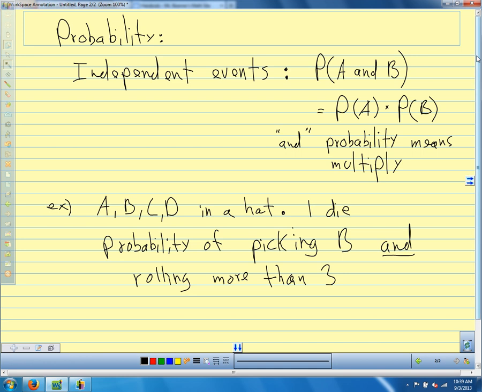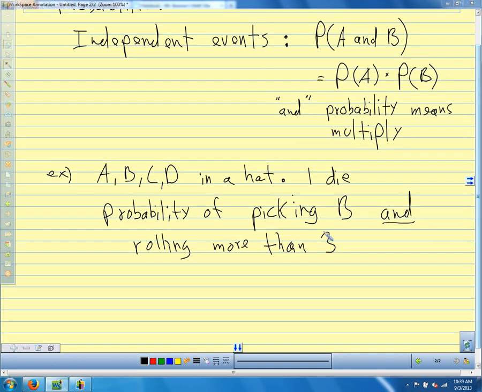So the first thing we need to do is we have a compound probability. We have two things going on at once. We want to know the probability of picking a B and rolling more than 3. So first off, does what I pick out of the hat change in any way what happens with the die? No. The die doesn't magically affect what I pick out of the hat. So these are going to be independent.